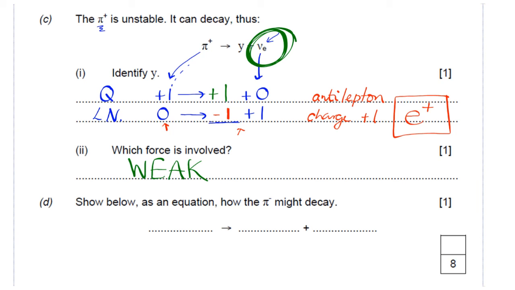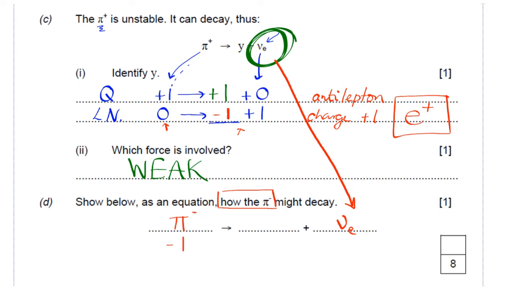Show below in an equation how the pi minus might decay. So we start with a pi minus. By the way, this is a clue: they've told you the answer to a previous question there. The pi minus becomes, well, we've got minus 1 on this side, and copying the model here, we could have a neutrino here.